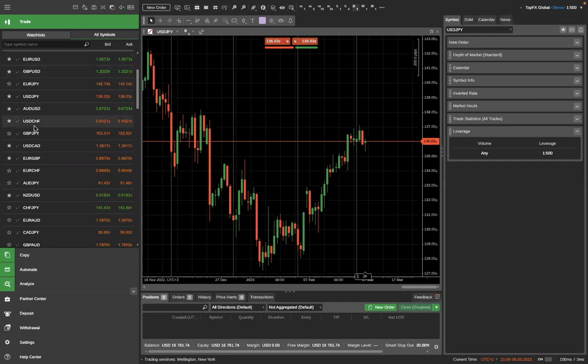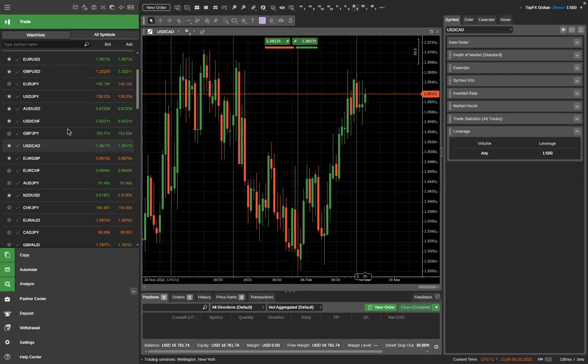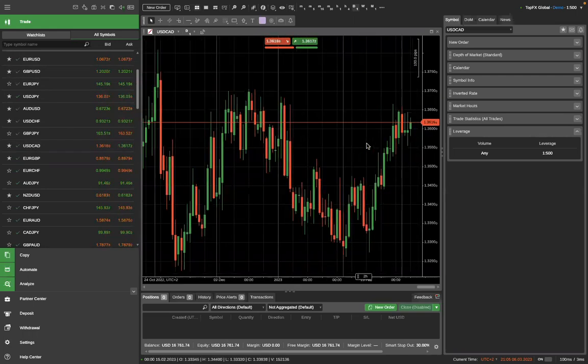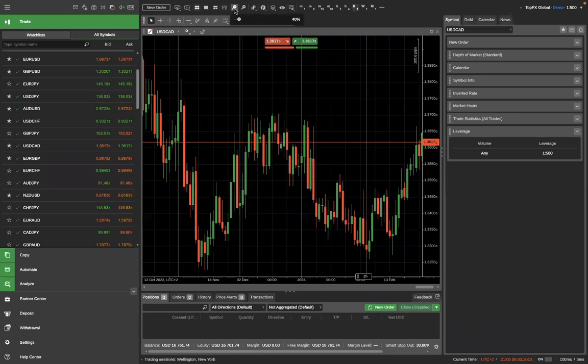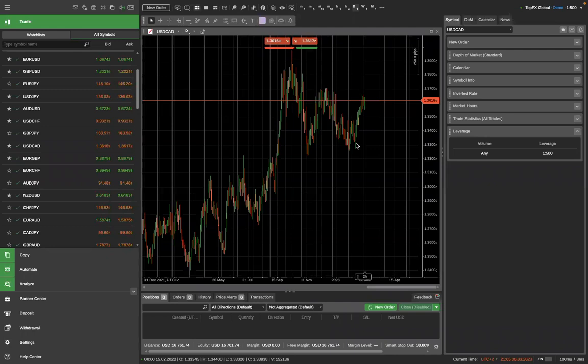Okay, now the other currency pair here, US dollar to the Canadian dollar, is not that strongly correlated to any particular pair, but this is something that traders call a commodity currency. Why? And what commodity is this pair correlated to?